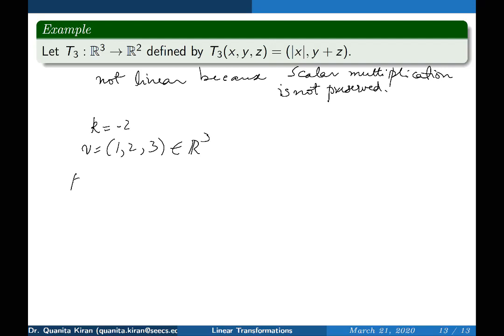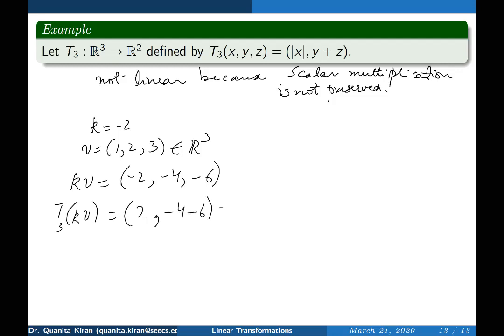You can see that k times v is equal to (-2, -4, -6), and the image of kv under T3 is equal to (2, 10).